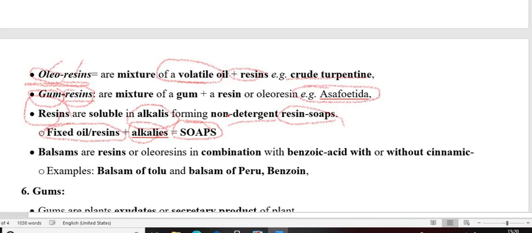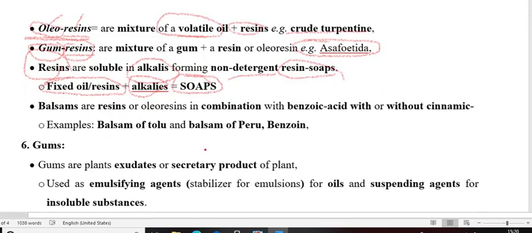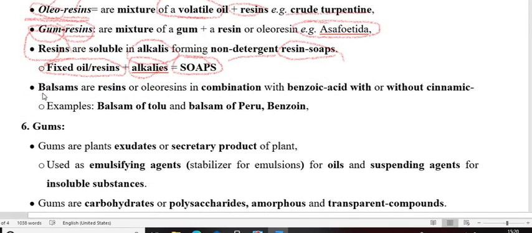Asafoetida is a gum resin, that is, a mixture of gum and resin. Another example is balsam. What is balsam? Balsam is a resin combined or mixed with benzoic acid or cinnamic acid, or without cinnamic acid, and is called balsam. So what is balsam?